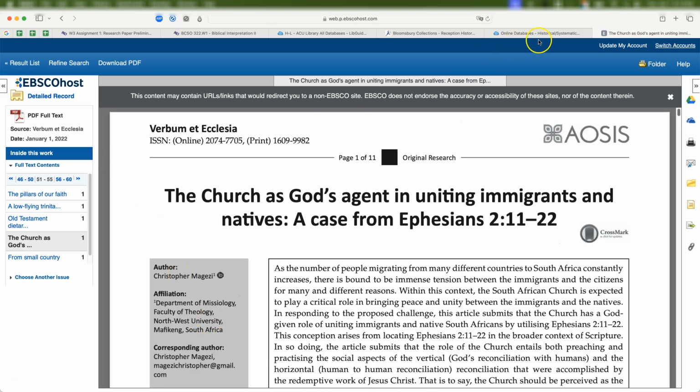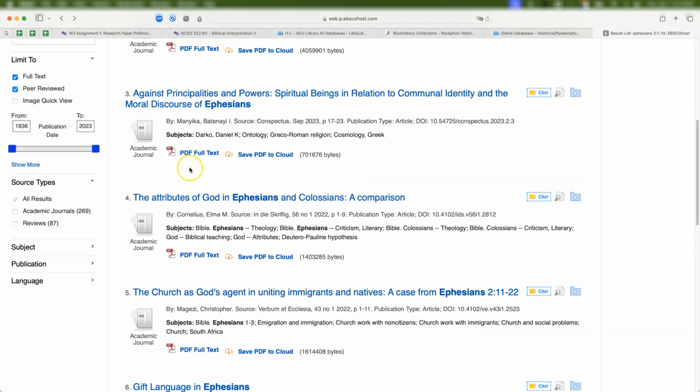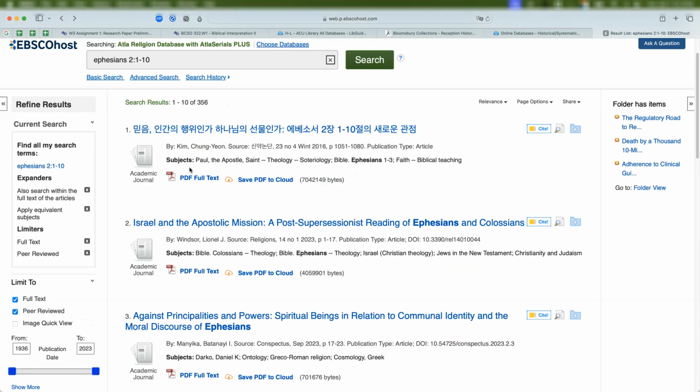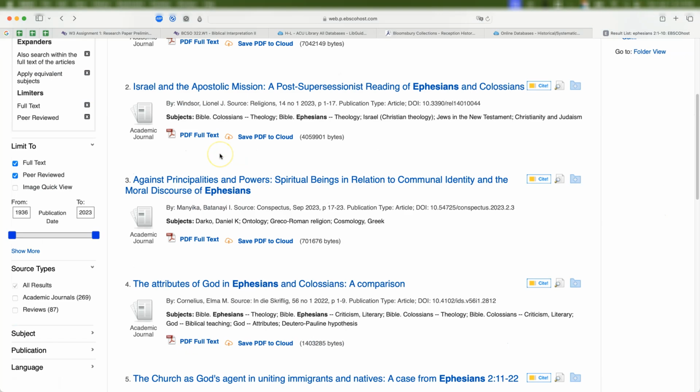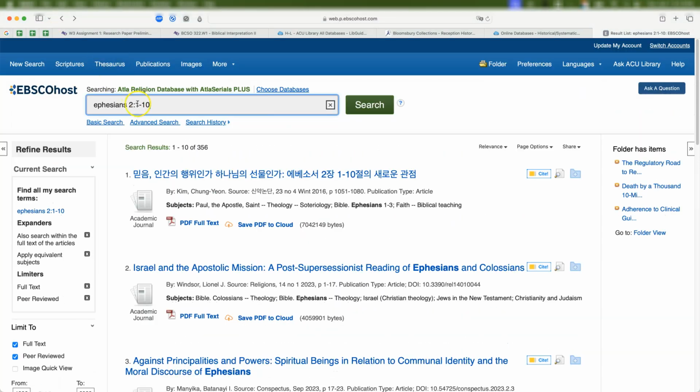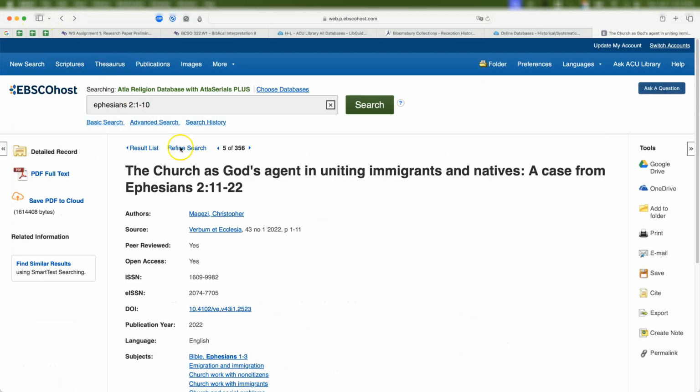Okay, so let's say we are grabbing this article here. We back up to our searches and we say, okay, you know what? I would like to have that passage in Ephesians. And keep in mind, I was originally searching for that, but this author is focusing on this. And I say, okay, that's the passage I want.